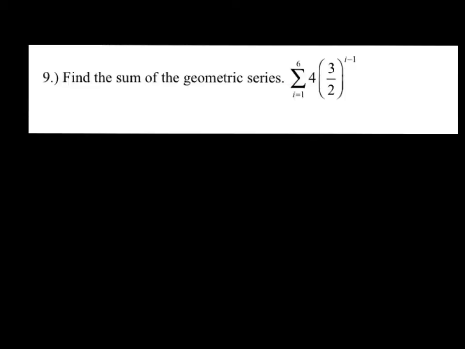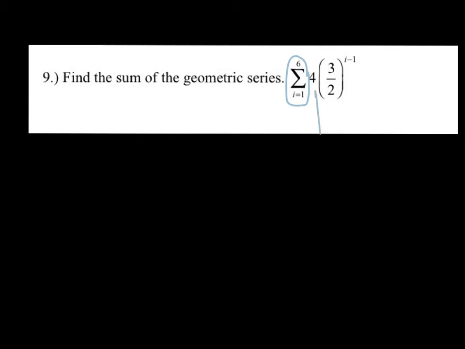I'm just going to get you started with number 9. It says find the sum of the geometric series. Instead of giving us the series and having us find the rule, it's actually given us the rule in summation notation. It wants us to find the sum of the first 6 terms.